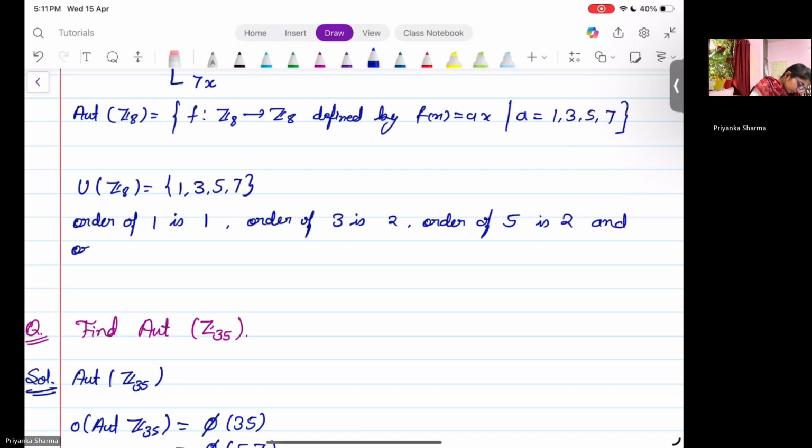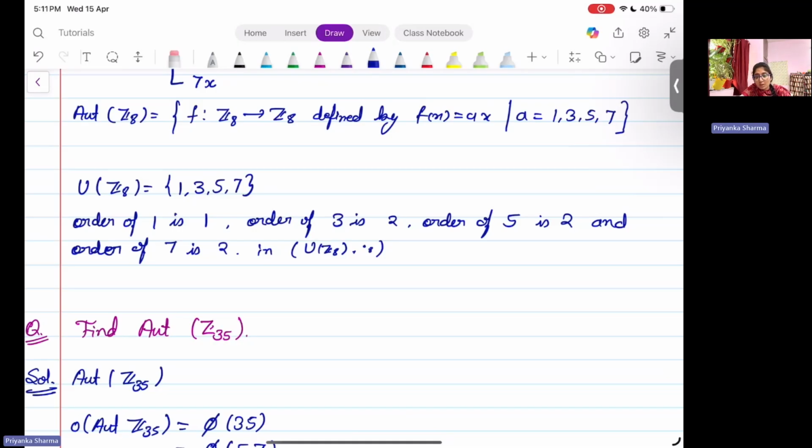And the order of 7: 7 into 7 is 49, and the order of 7 is also 2 in U(Z8) under multiplication modulo 8, because 49 is also congruent to 1 modulo 8.